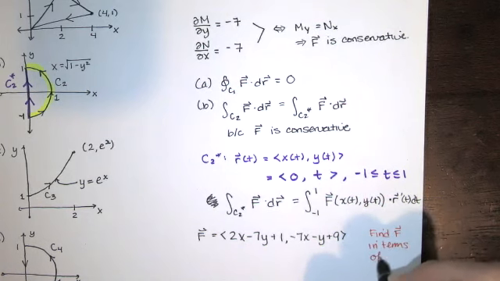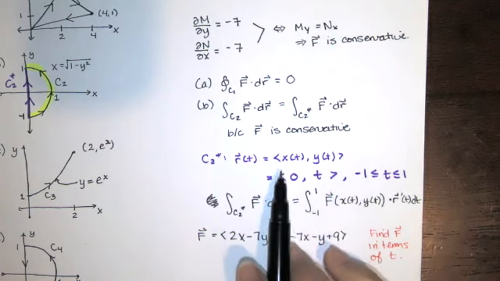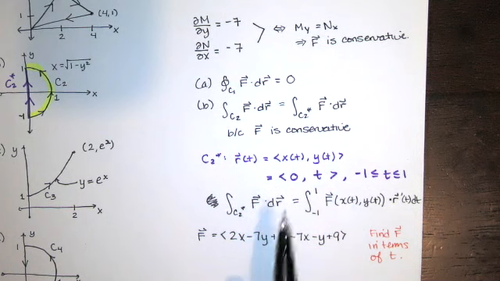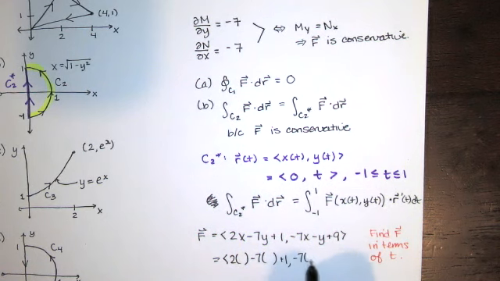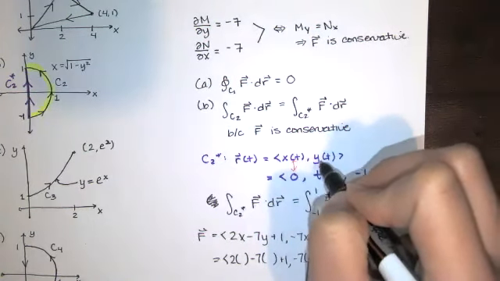by making a substitution. So when we are on this path, x is equal to 0, so we're going to replace our x with 0. And when we are on this path, as t goes from -1 to 1, y is equal to t, because this is our x component and that's our y component.